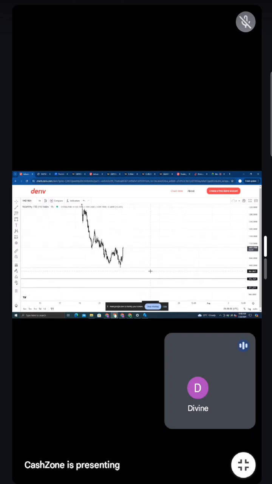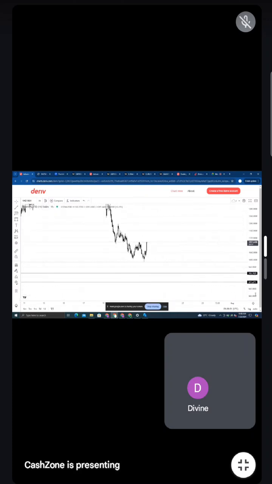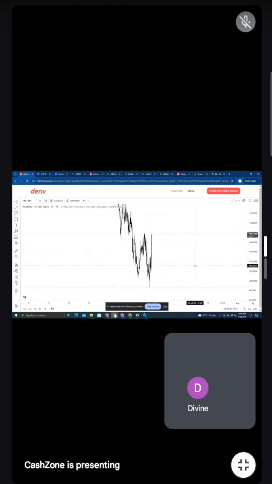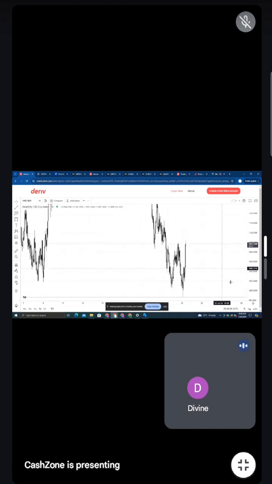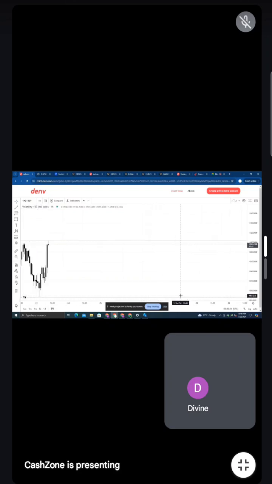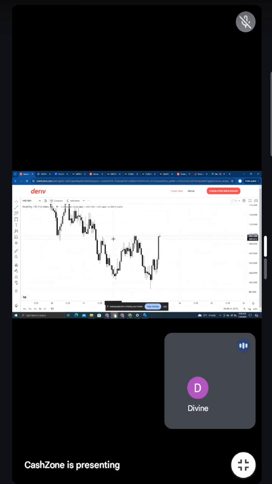But let me see what this momo wants to do. Yeah, I think price wants to sell from this zone. But this is not my entry model, so I'm not entering.